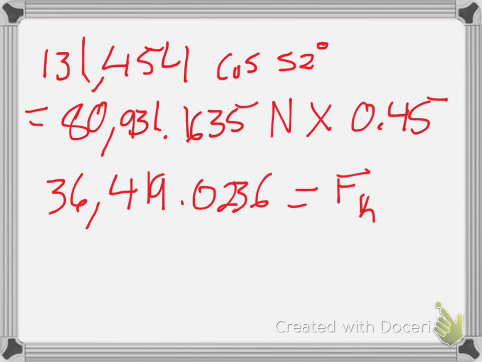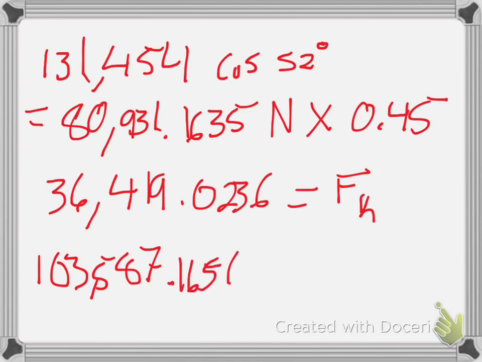So we are going to then take the number that we got for the horizontal force due to gravity, which was 103,587 and a bunch of decimal places, minus this 36,419 and a bunch of decimal places.